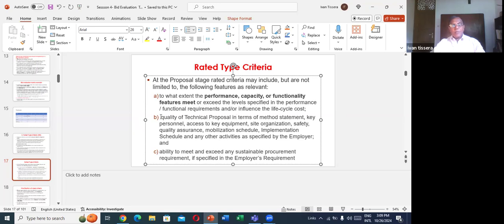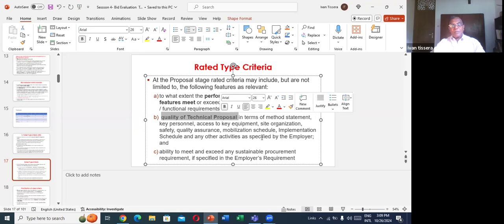Quality of technical proposal is another one. Quality of technical proposal in terms of the method statement, key personnel, various things are there. Key personnel, access to key equipment, site organization, safety, quality, various points we consider.